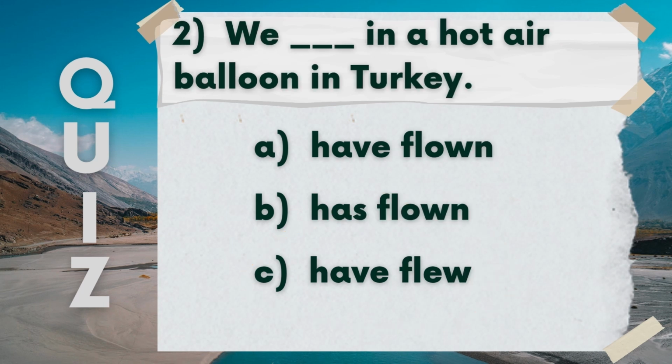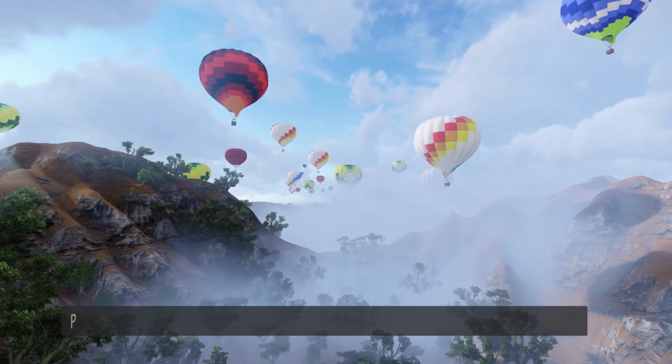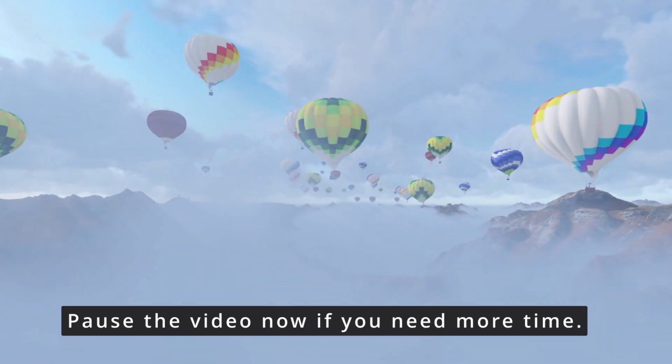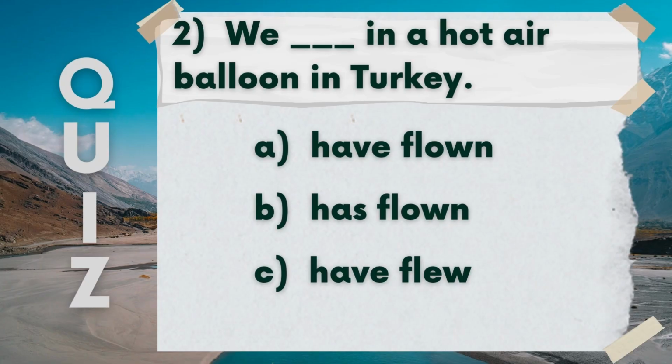Question 2. We, blank, in a hot air balloon in Turkey. A. Have flown. B. Has flown. C. Have flew. If you said A, have flown, you are correct. We have flown in a hot air balloon in Turkey.